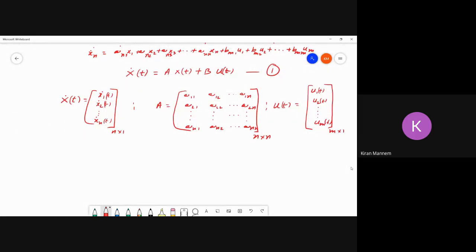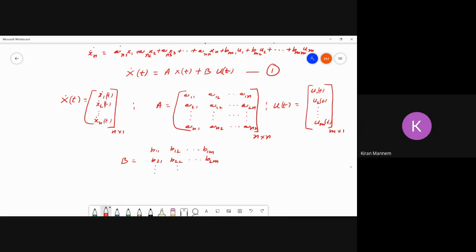Where B is equal to B11, B12 till B1m, B21, B22 till B2m.